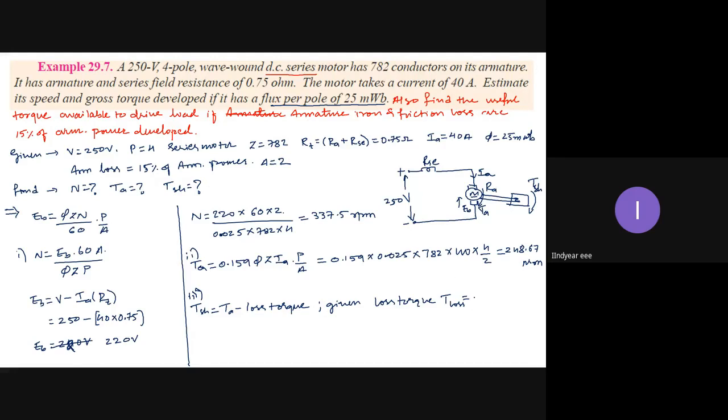So T loss equals 0.15 into TA. 15% is what? 15 by 100, of TA, that is 0.15 into TA. So I can write TSH equals TA minus 0.15 TA. So this is 0.85 TA.